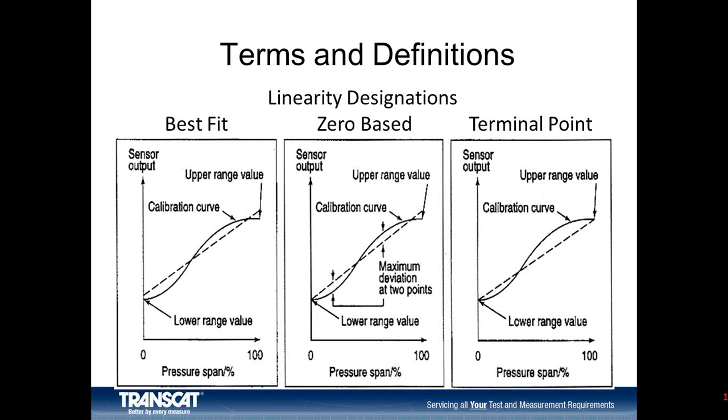Unfortunately, there are several definitions of linearity depending on the type of sensor and the manufacturer and so forth. And in this slide, there are three designations. At first glance, they may look very similar, but upon close inspection, if you look at the dashed line showing a trend, a straight line trend through each of the curves, you'll see they are a little bit different.